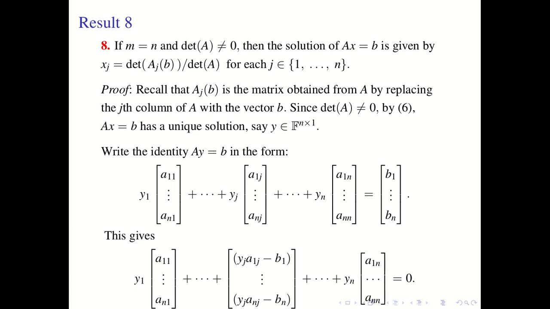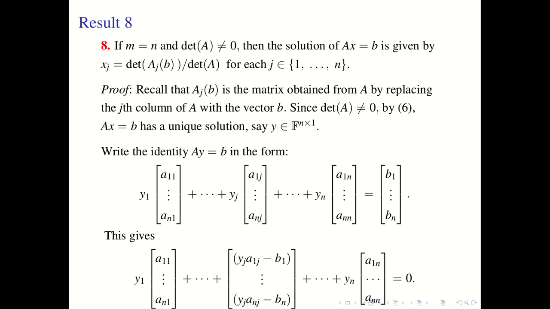Now take this vector b to the left hand side and combine it with the jth column. Then what you get is y1 times the first column of A plus etcetera.